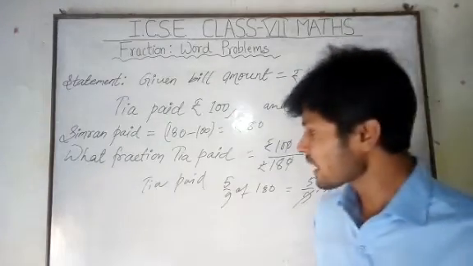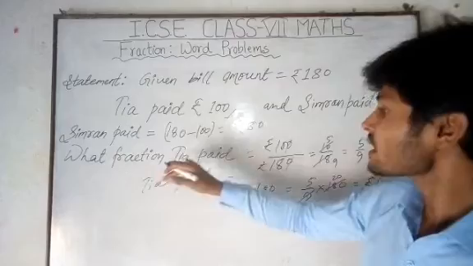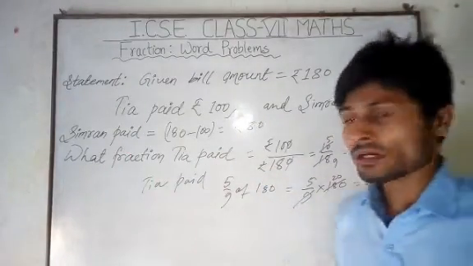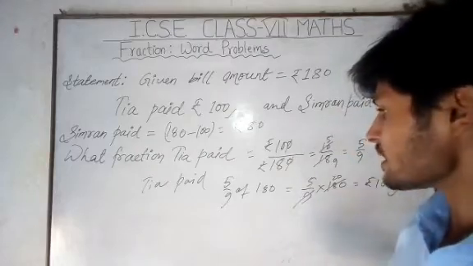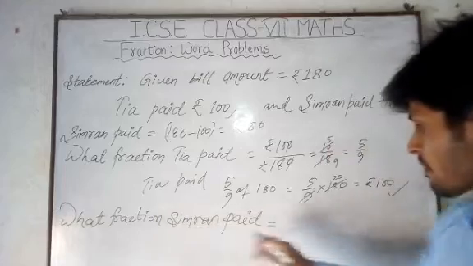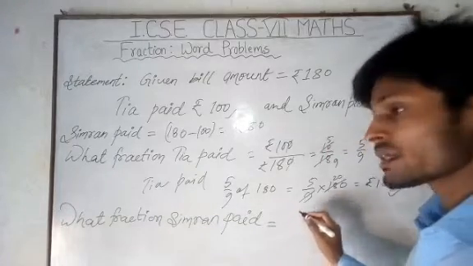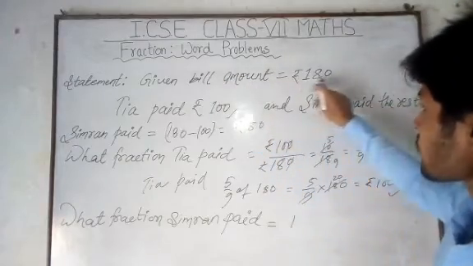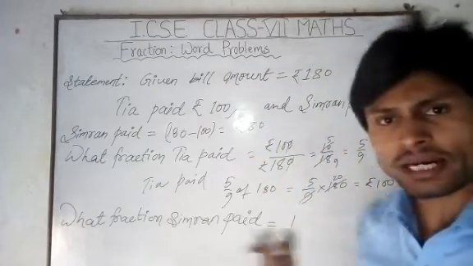If we want to calculate what fraction Simran paid, then it is also easy, because earlier we have learned how to calculate. See, what fraction Simran paid is actually, here the total fraction is 1, that is the whole bill, the total bill is represented by 1, that is 180 by 180.